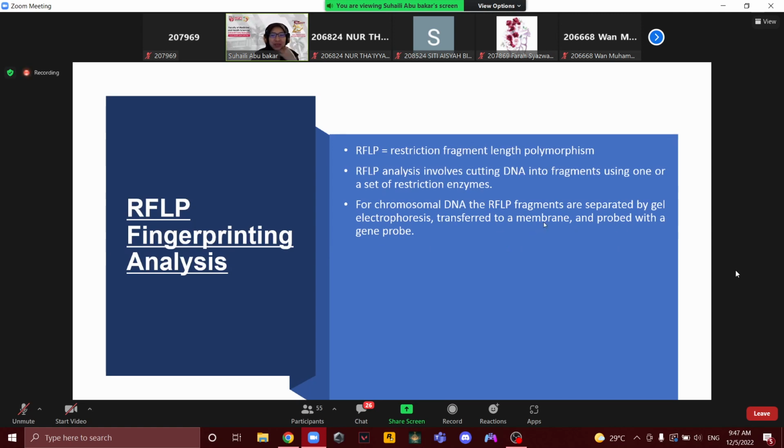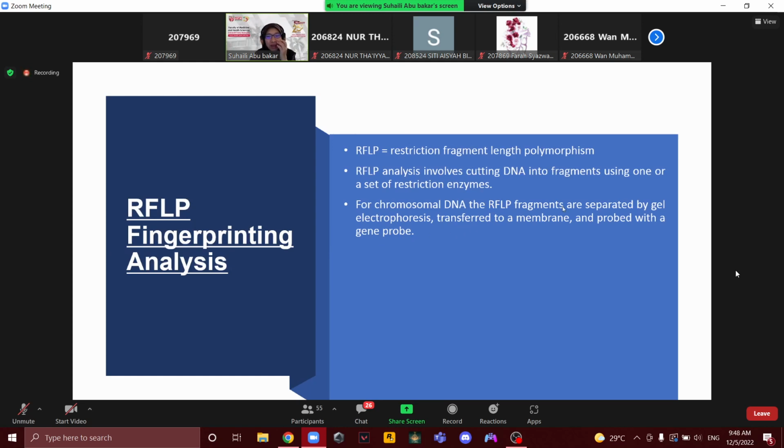Once transferred to a membrane and probed with the gene probe, what do you think this is? Blotting, hybridization, right? This one has blotting, an extra step: transfer to a membrane, probe with the gene probe, hybridization, validation. See? The method that you use to screen the library, previously you can also use in the PCR.